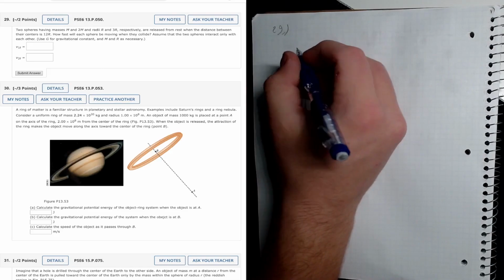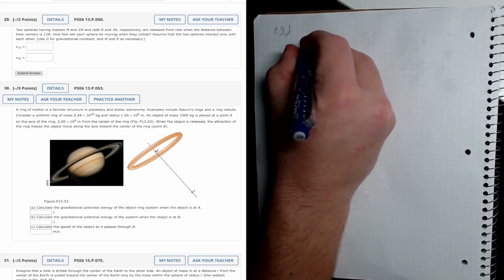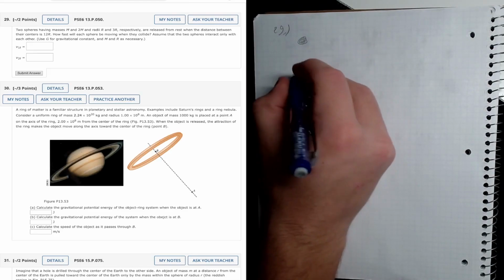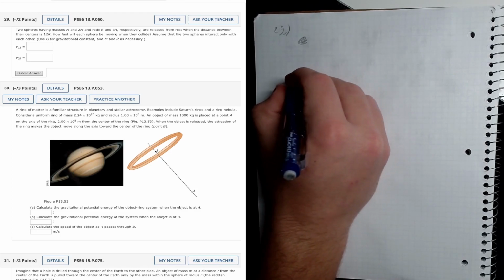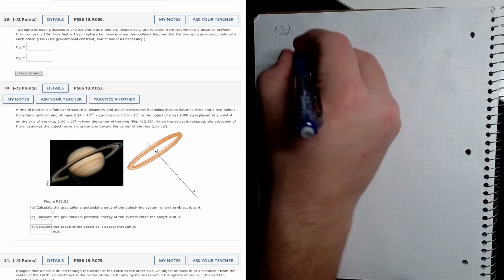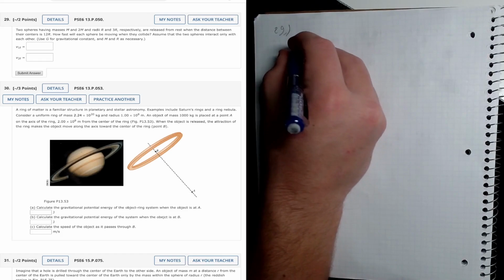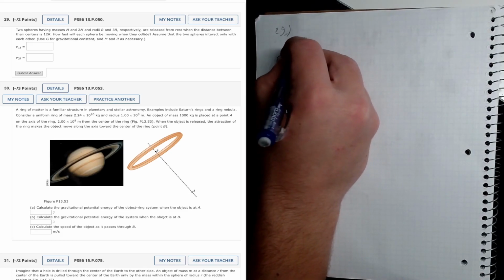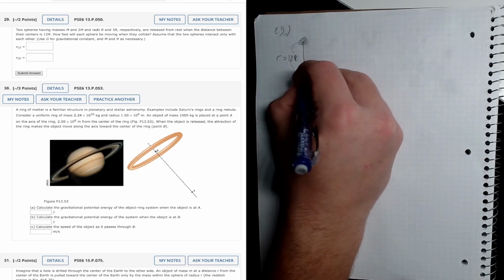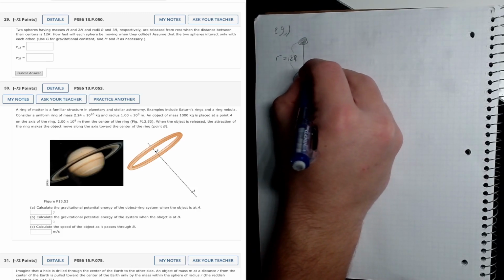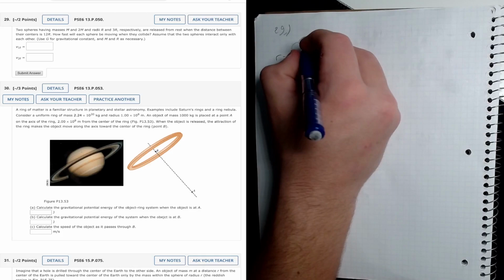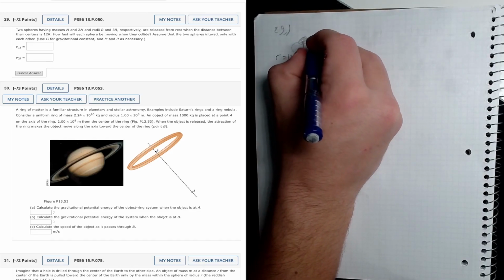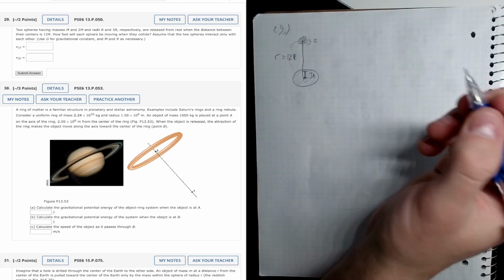Okay, so two spheres start at rest. We'll have sphere 1 here, and sphere 2 here. This is the distance between the centers, 12 radii. This is 3 radii, and this is 1 radius.